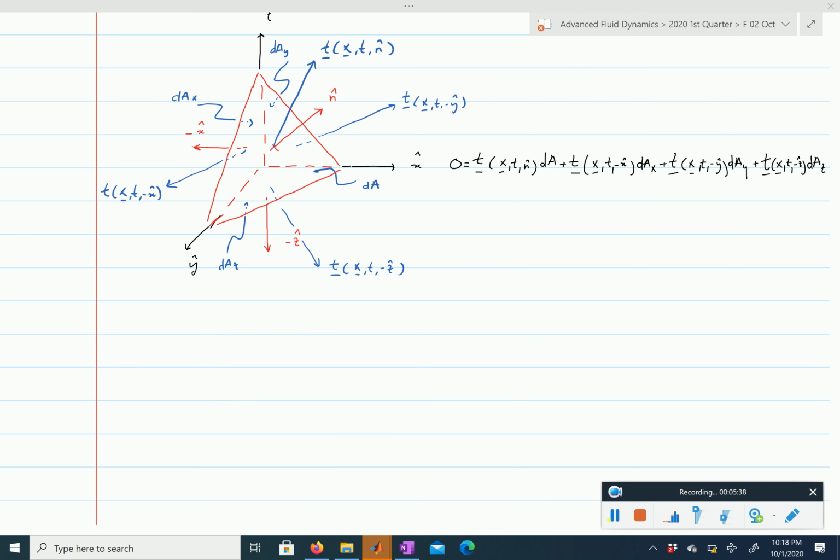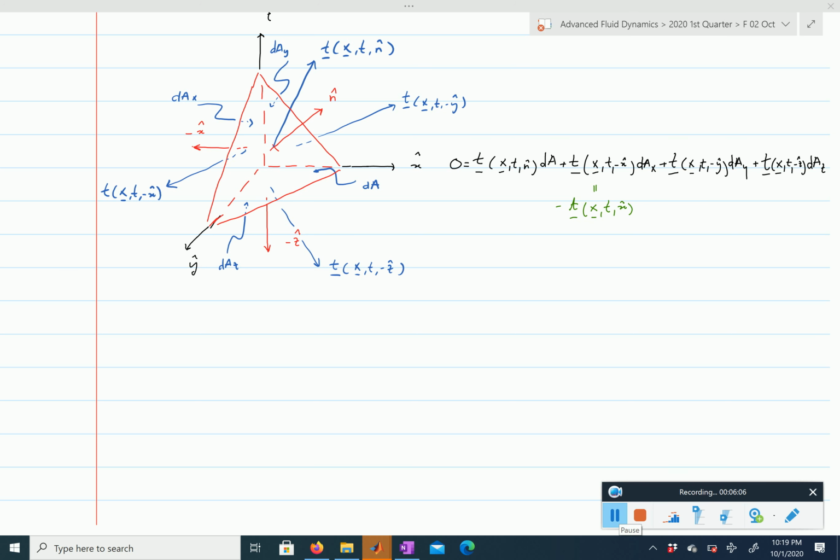Now we discussed before that, because of Newton's third law, this has to be equal to minus the stress vector on a surface of vector x, and this has to be equal to minus the stress vector on the surface of vector y, and this has to be equal to minus the stress vector on a surface of normal z.